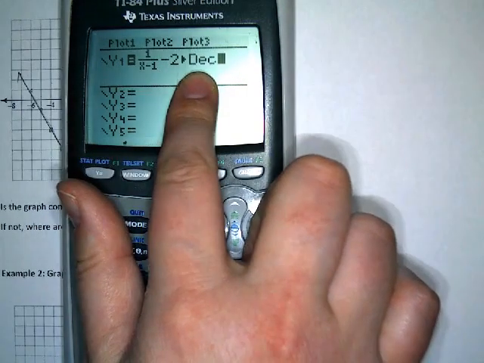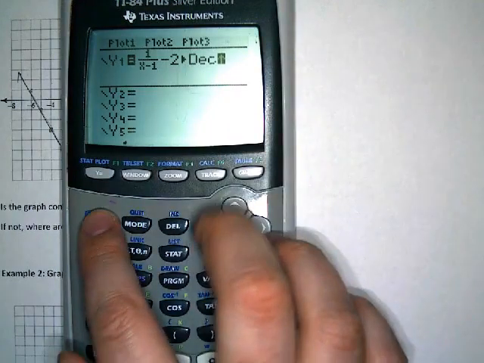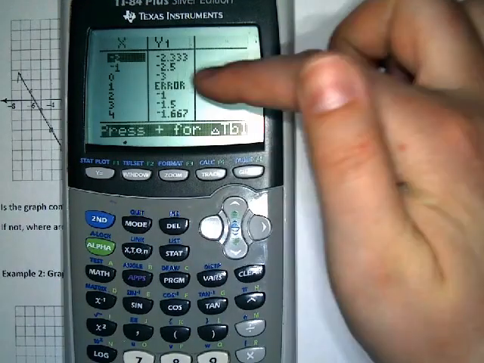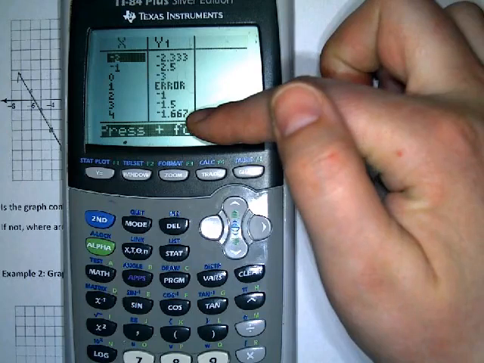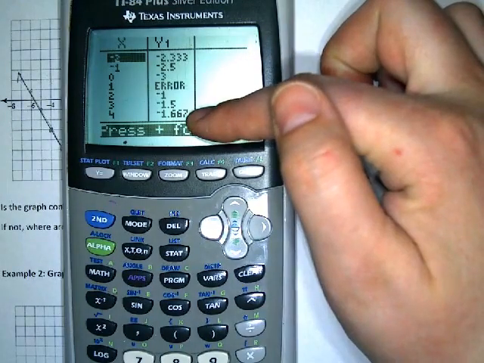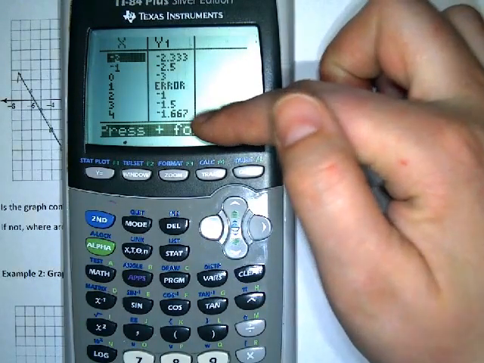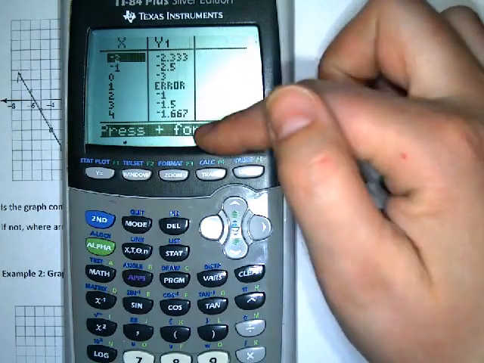So now if you hit second graph to look at the table, it will convert all of these into decimals for you. And then they can be a little bit easier to graph. So that's one option you could do if you want your table to not be fractions.